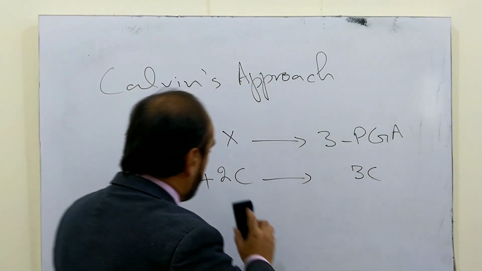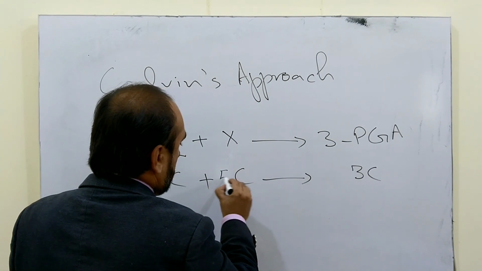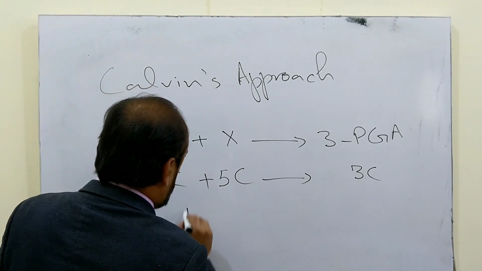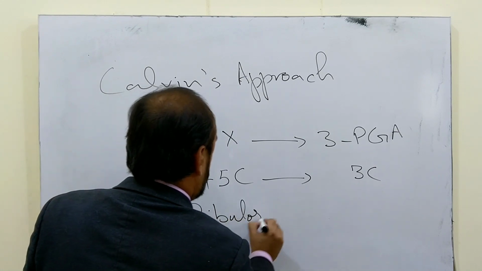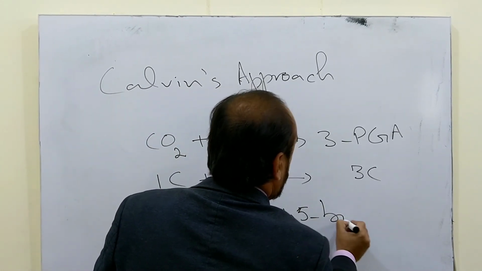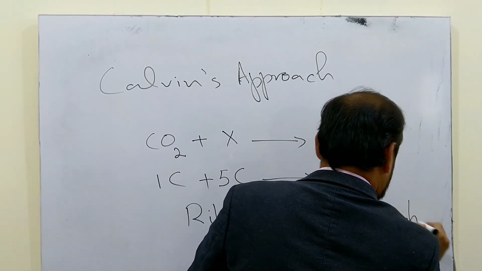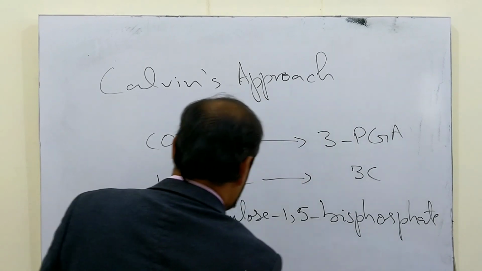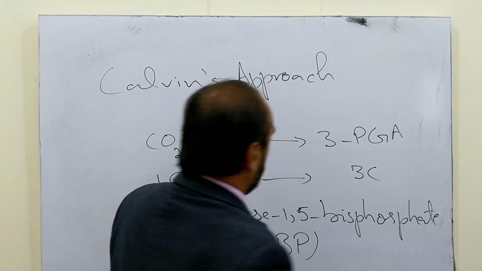Later on they found that actually this is a 5-carbon compound, that is RuBP or ribulose 1,5-bisphosphate, abbreviated as RuBP.